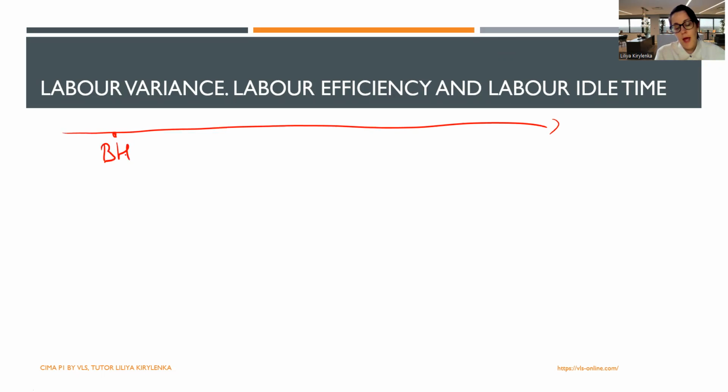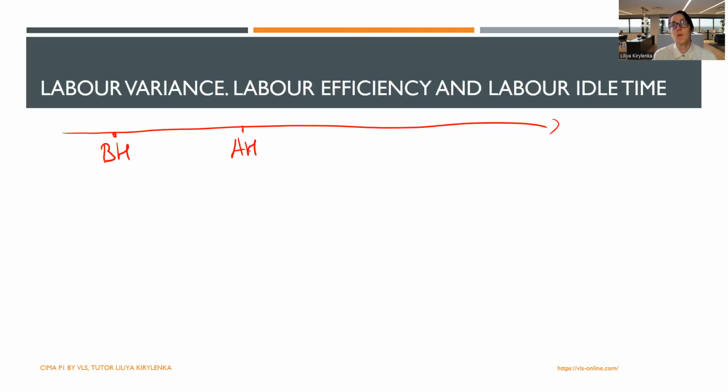But in fact, our workers did not work that efficiently, and we spent more time. For the same level of output, for the number of units produced, we spent more hours than we planned for. But the nature of the agreement is that we cannot employ our workers for, let's say, 10 hours or 10.5 hours.